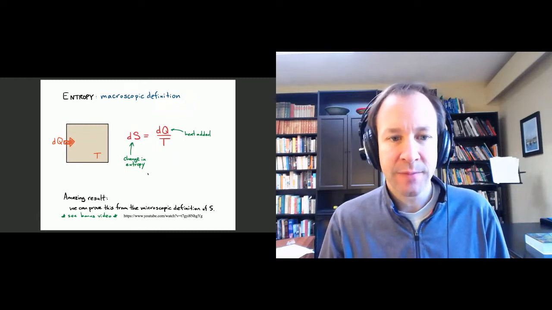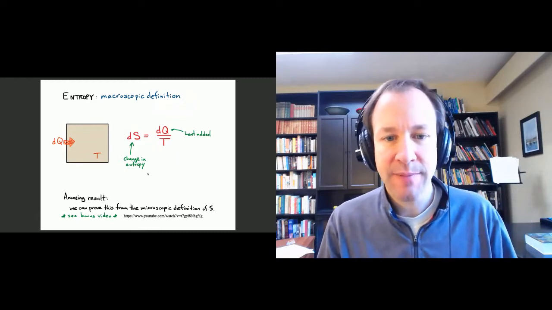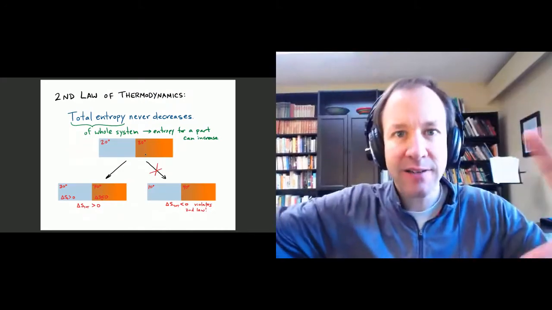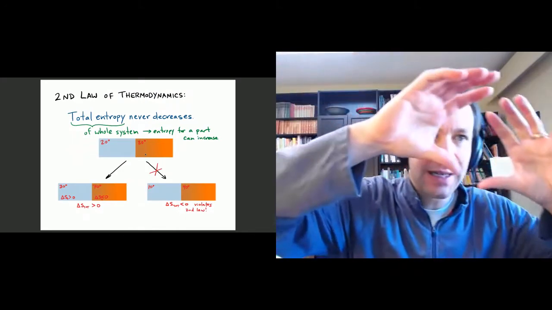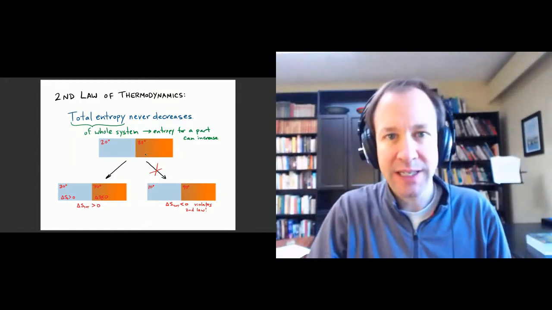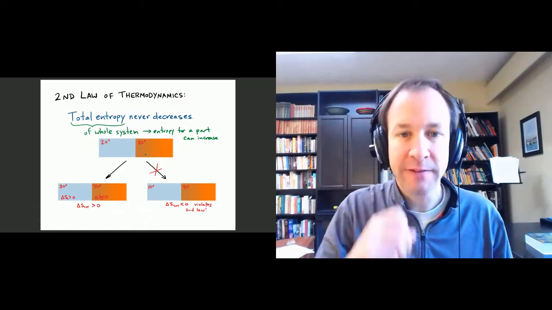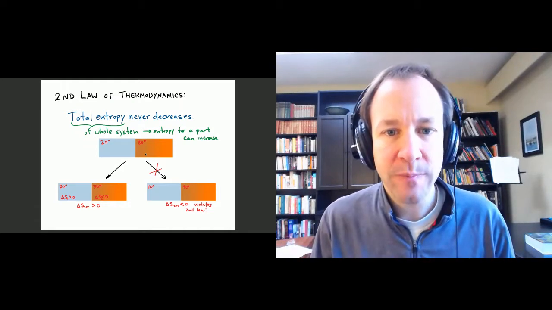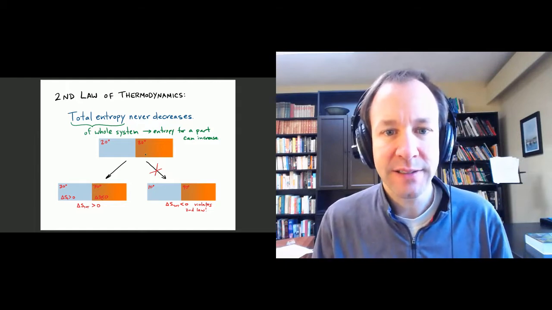Okay. Our second law of thermodynamics basically says that if you look at the entire system, the system and the environment, so every place where heat is either going into or coming out of, the total entropy never decreases.